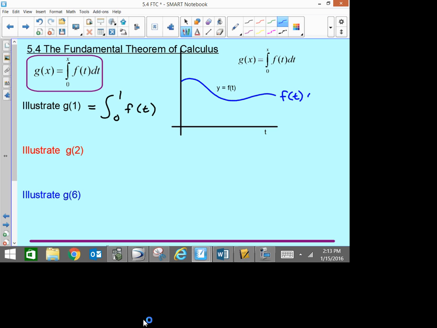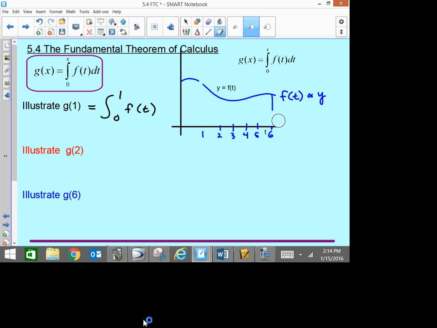Or y. There's t. So g of x is the integration. All right, let's put some numbers in here. They've disappeared too, so we're going to go from 1 to 2 to 6. That is bizarre. So let's say this is 1, 2, 3, 4, 5, 6.